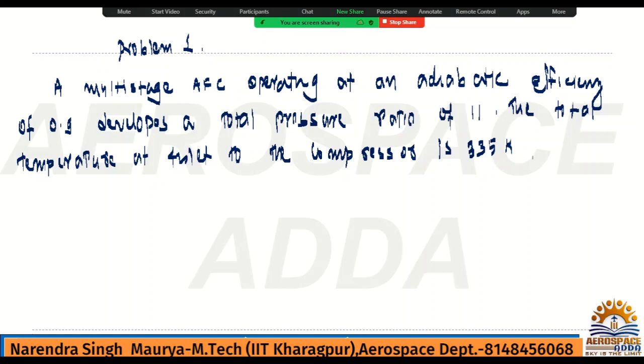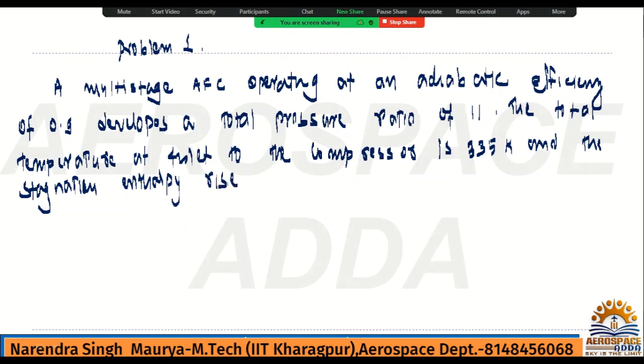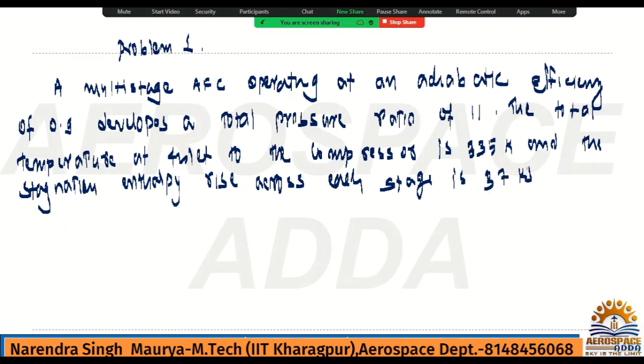335 Kelvin, and the stagnation enthalpy rise across each stage is 37 kilojoule per kg, right?